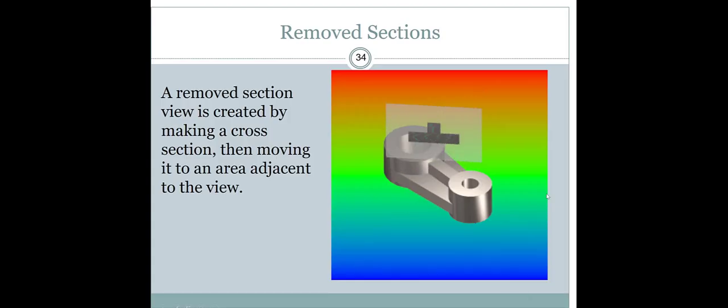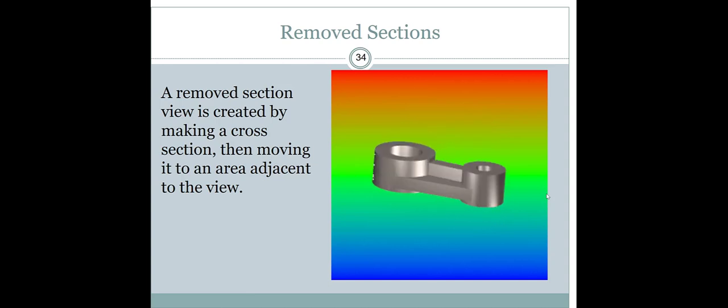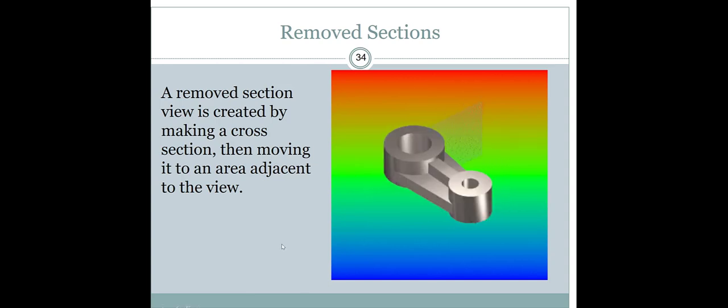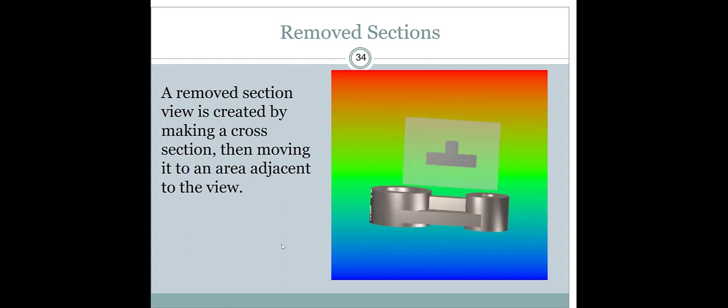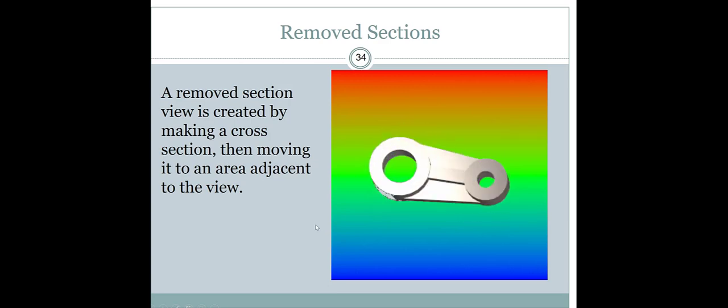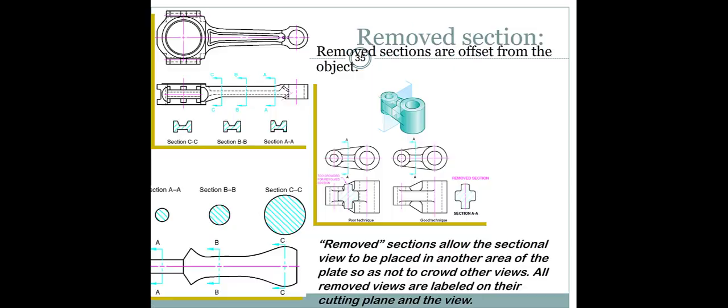A removed section view is created by making a cross-section, then moving it to an area adjacent to the view. It applies to a part with a much shortened length. Especially with multiple cutting planes, you can create multiple removed section views.